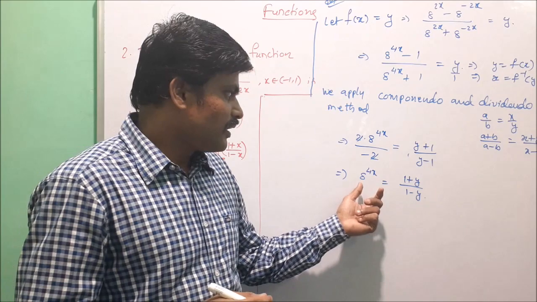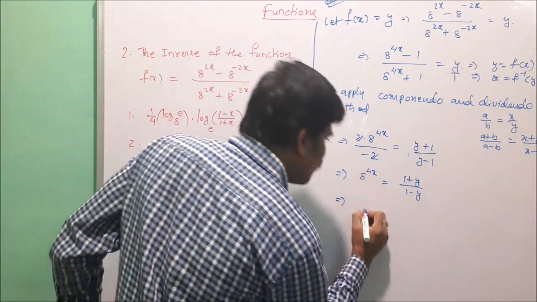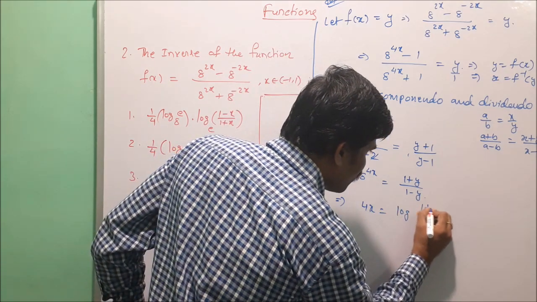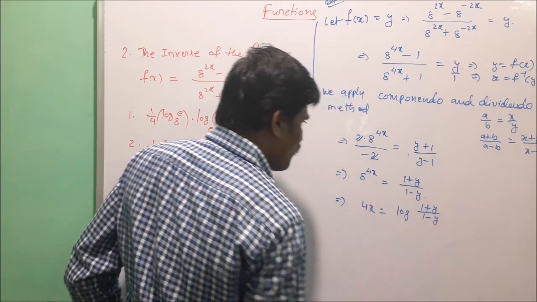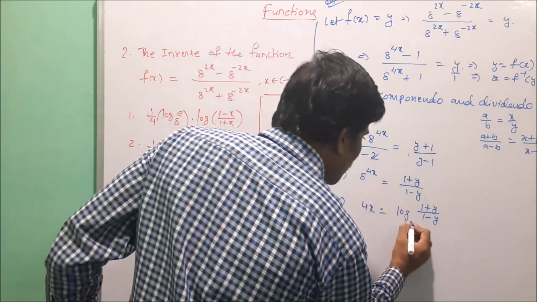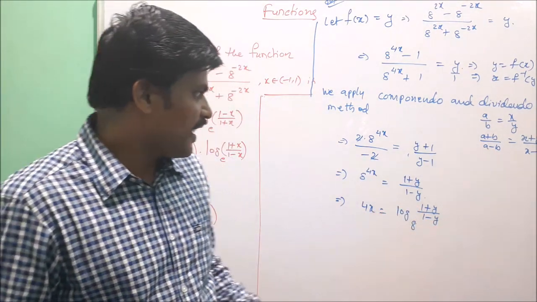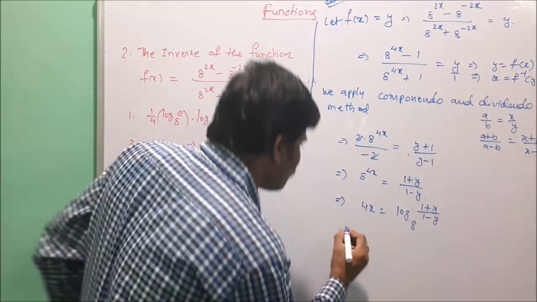Here we take logarithm on both sides. That means 4x equals to, here we write log of 1 plus y by 1 minus y base 8. Now here x means f inverse y.